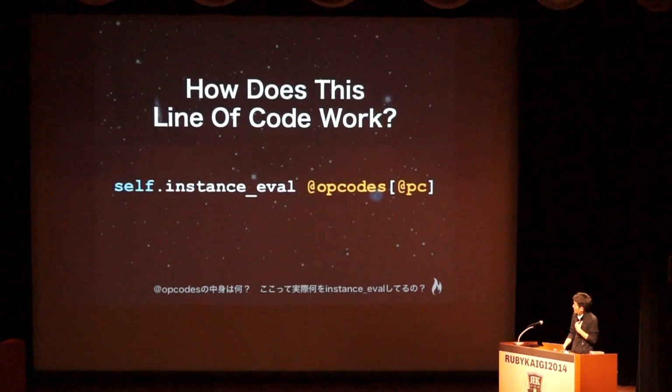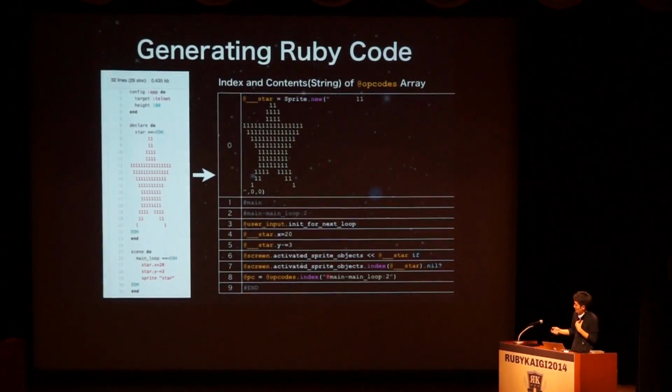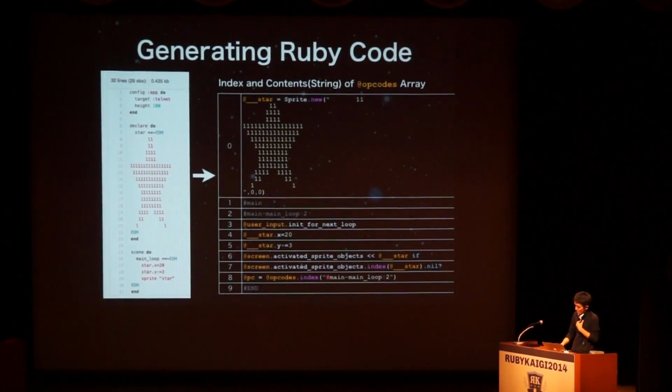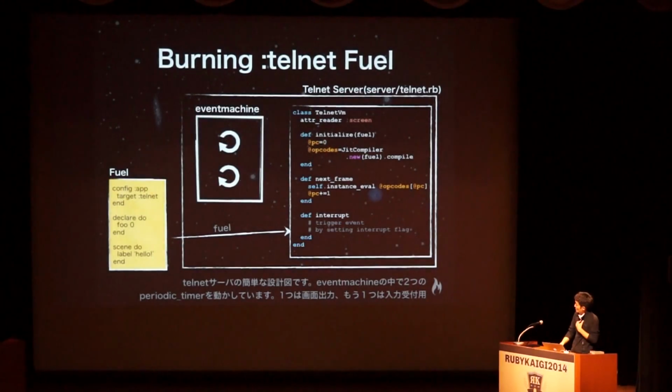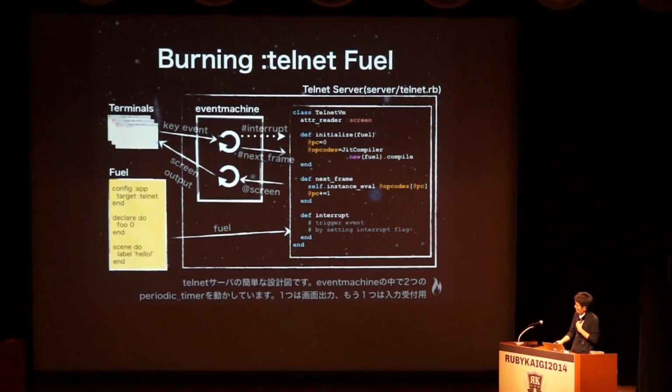Okay. Remember that I explained this opcodes array, and how this works actually is this part. Basically, every time this while loop works, this next_frame method will be called, and then it says self.instance_eval and opcodes at PC. PC stands for the program counter.